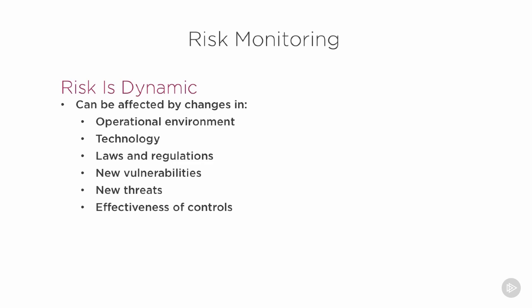New threats may emerge as well, and some of the controls we put in initially may not be as effective as they once were. For this reason, we need to continuously monitor our risk and report to management so they're aware of any significant changes in our current risk posture.